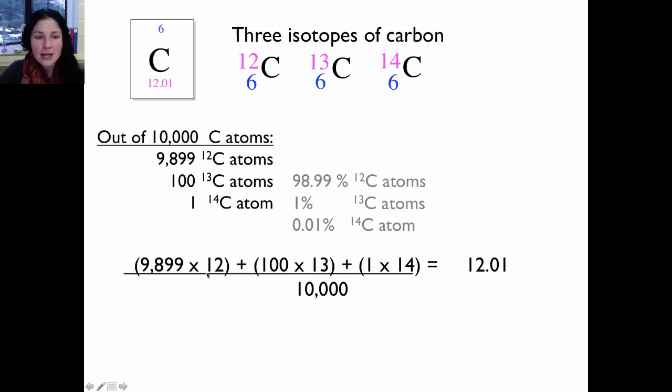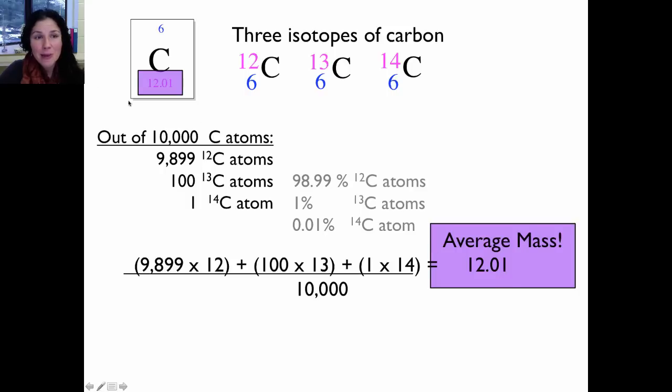I'm going to multiply the mass of 12 times this many carbon-12 atoms. I'm going to multiply the mass of 13 by that many carbon-13 atoms, and I'm going to multiply the mass of 14 by that many carbon-14 atoms, divide by 10,000 atoms, and I get the average mass of all of these 10,000 atoms. So this average mass is what you see in the periodic table.